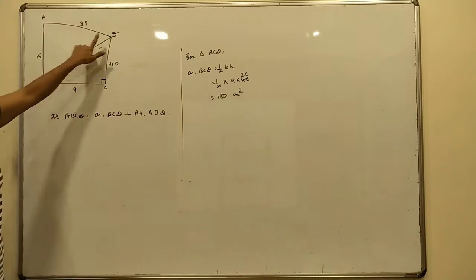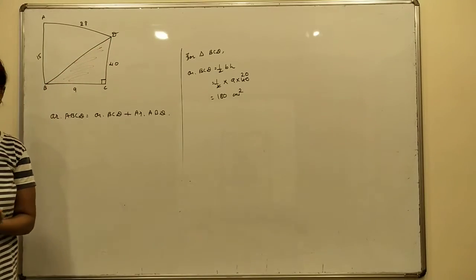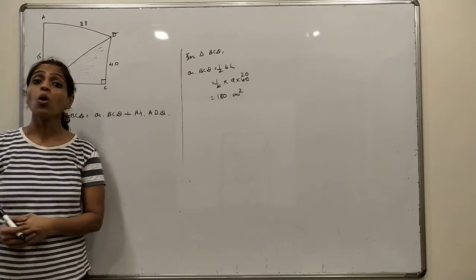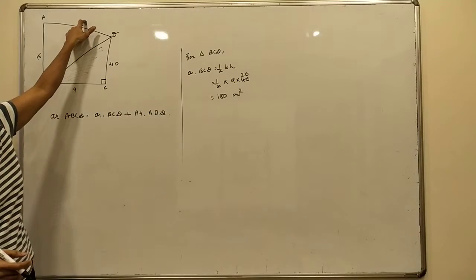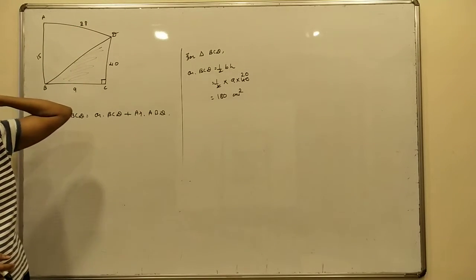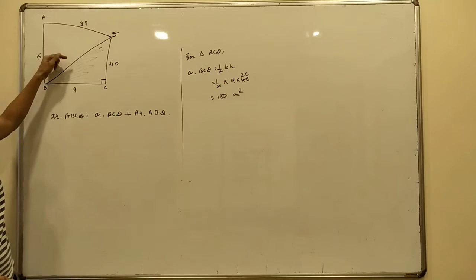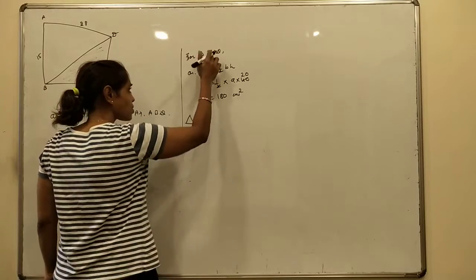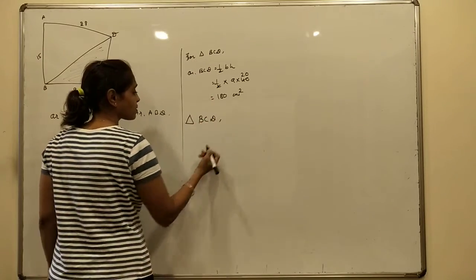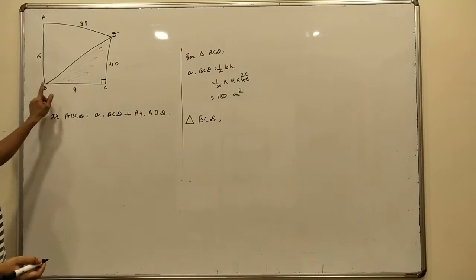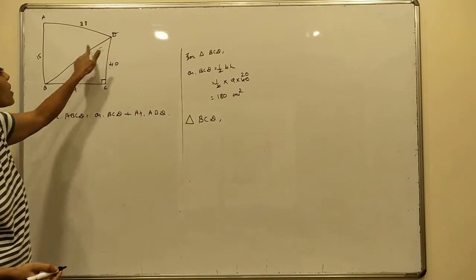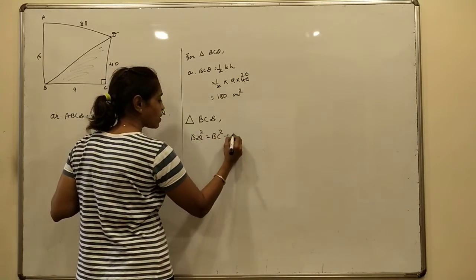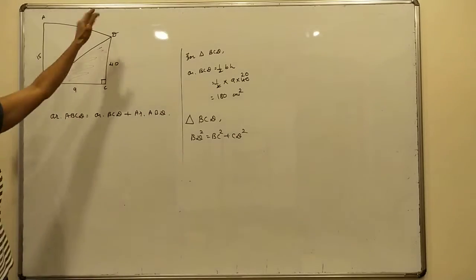Now in ABD, it is not a special kind, no altitude, no base, nothing is given. So when only 3 sides are given, we can use Heron's formula, right? But this side BD is not given, but by Pythagoras we can find BD square, right? In shaded triangle BCD, BC square plus CD square is equal to BD square.